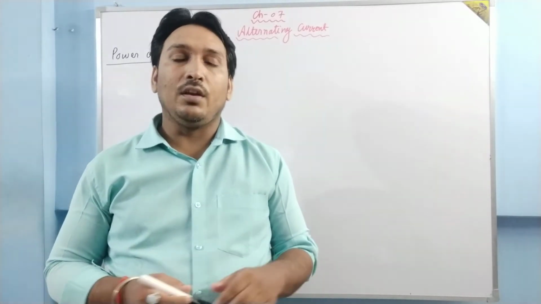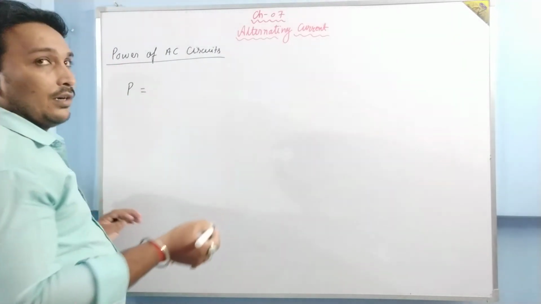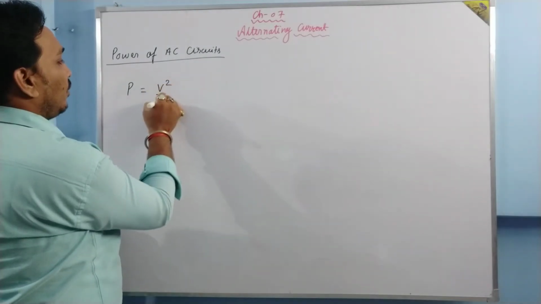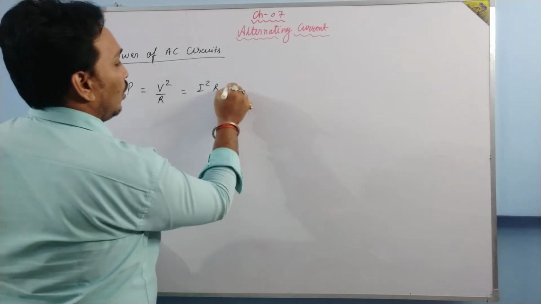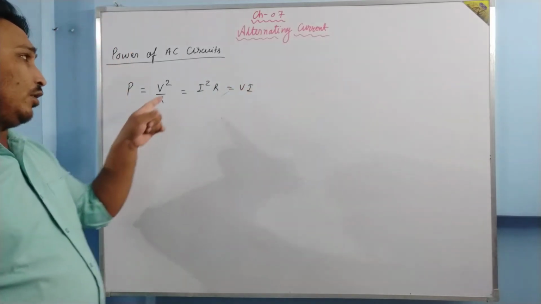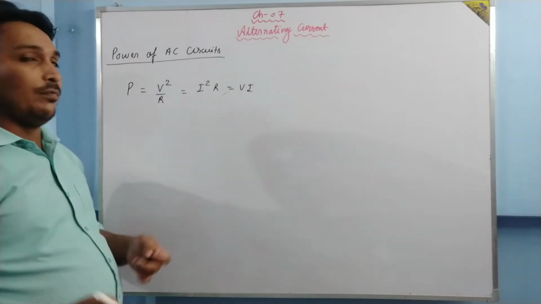If we apply the formula that we used for direct current in chapter number 3, power is equal to what? V square upon R, or I square into R, or V into I. So for a particular value of voltage, we have a particular value of power.